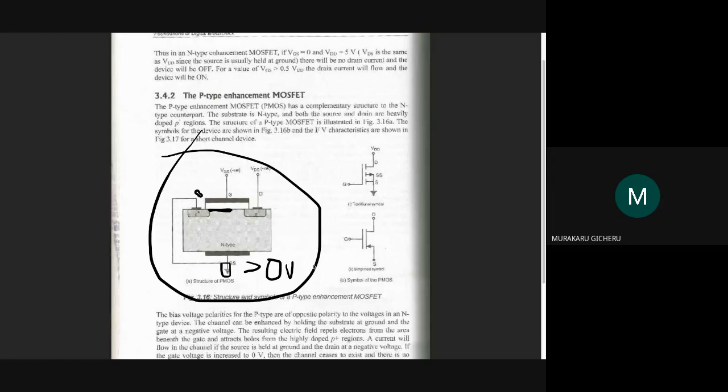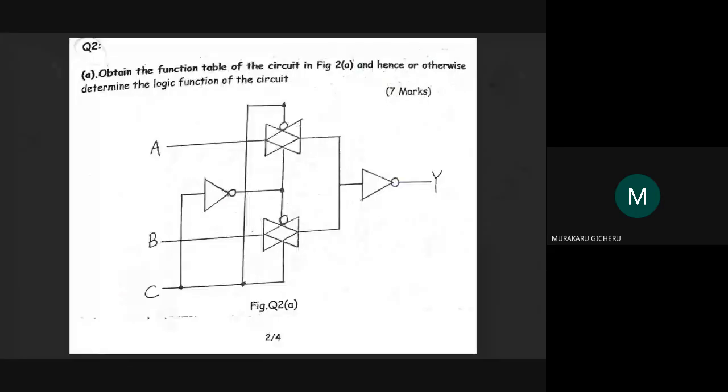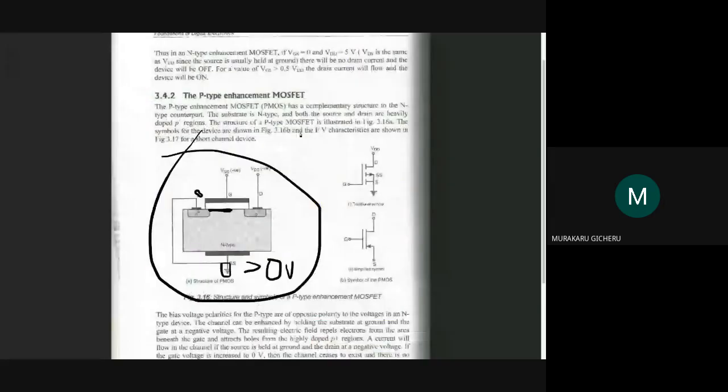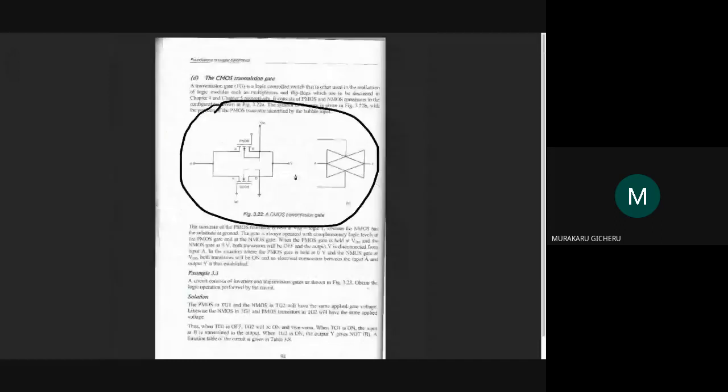Okay, I think that's quite explanatory. So where was I? Here's the PMOS at the top, and you can see the substrate here is at VDD. It's higher than 0, which means that if you apply 0 voltage at the gate, you're still going to form your P-type channel.